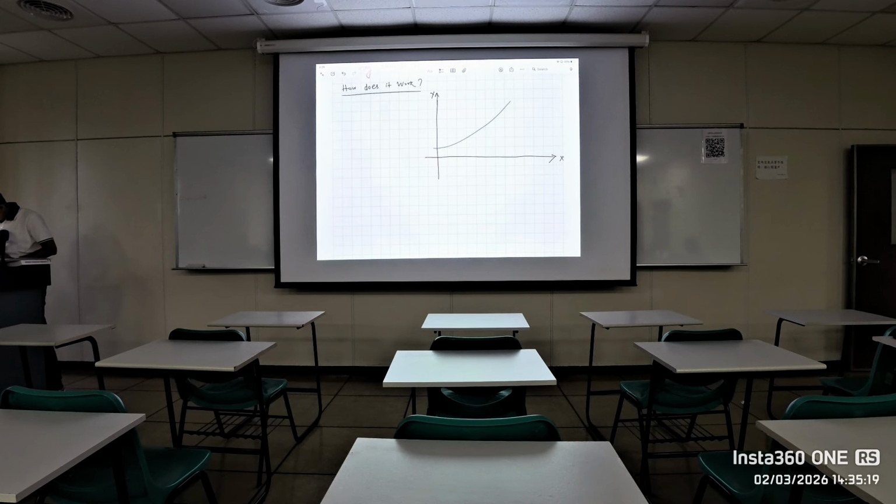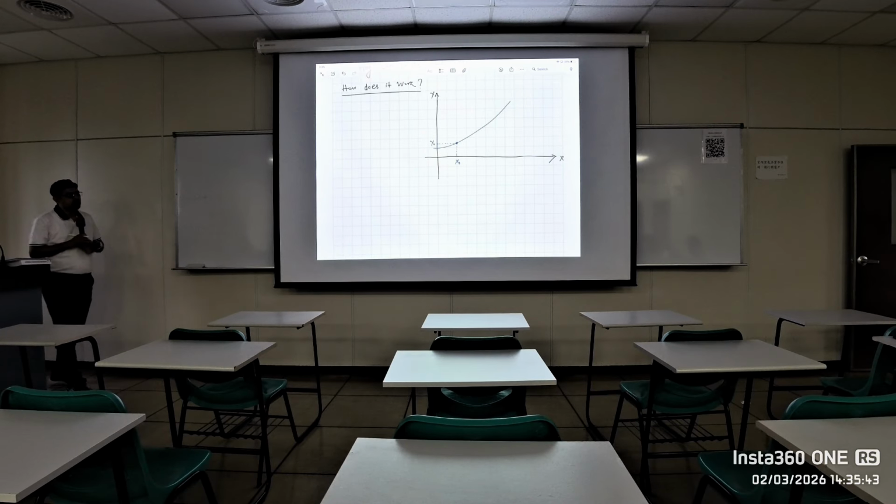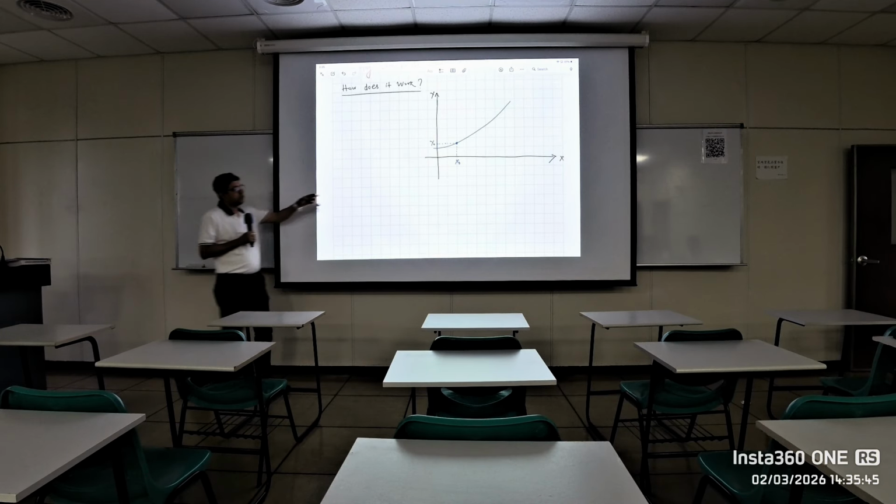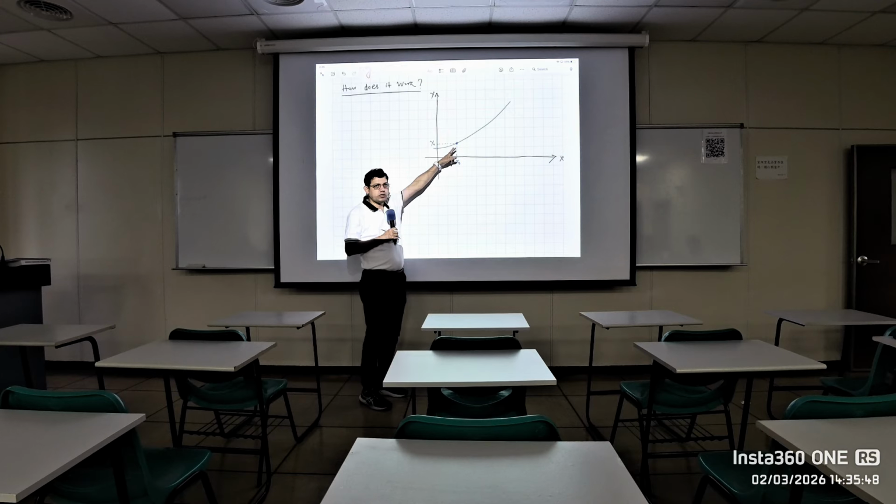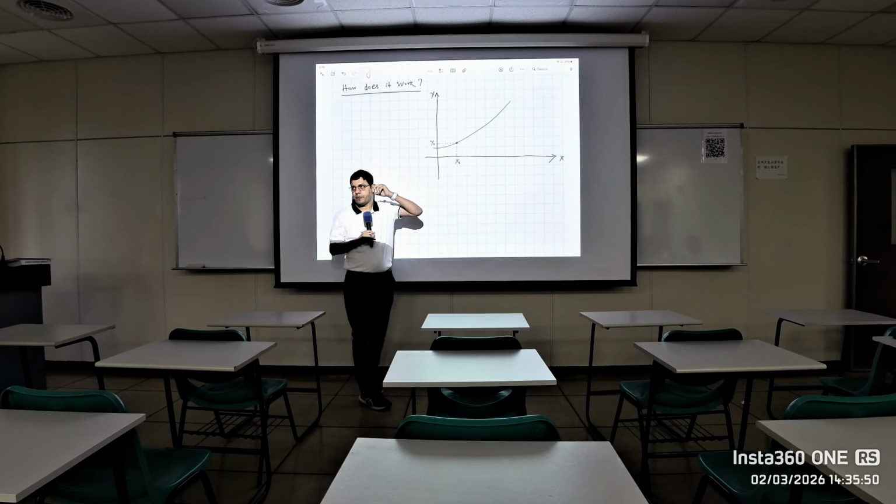Let's say I pick a point, this one, which gives me y0, and this one is my x0. So the point I choose is the x0, y0 point. Okay, this one.